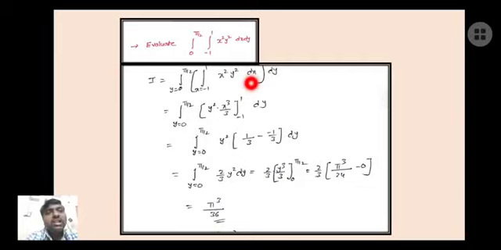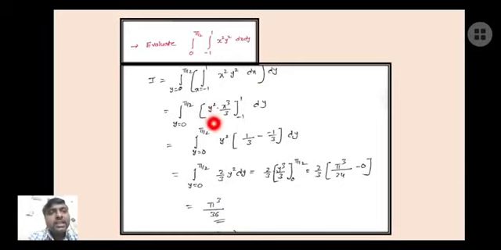When I am calculating integration with respect to x, y is treated as constant, so y square is kept as a constant function, and I am writing the integration of x square. X square integration is x cube by 3, and I am writing the limits minus 1 to 1.